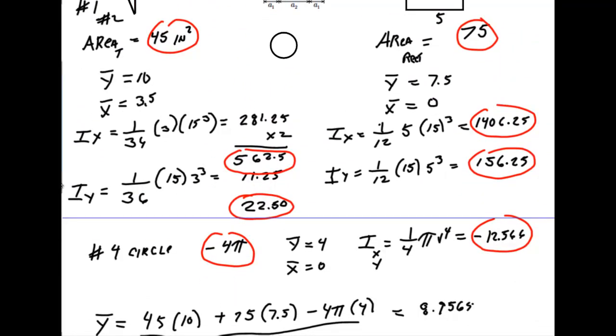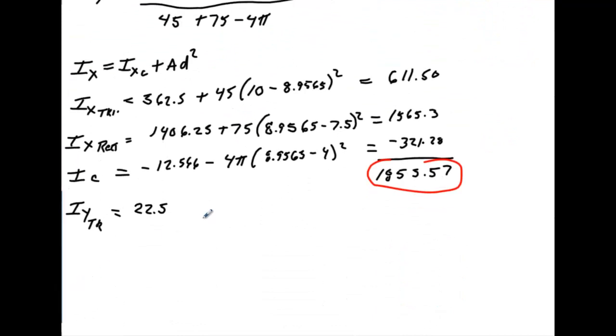This Iy about its own centroid plus the area of the two triangles, which will be 45. And again, if you prefer, you can do these individually. And then the distance would be 3.5 squared. Again, I have no problem if you want to do 22.5 times 3.5 squared times 2. Makes perfectly fine.